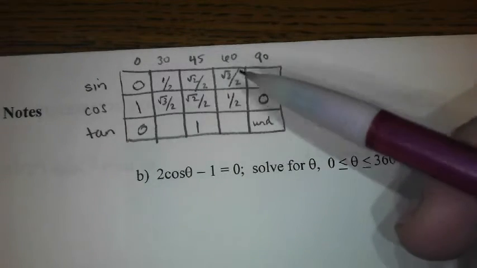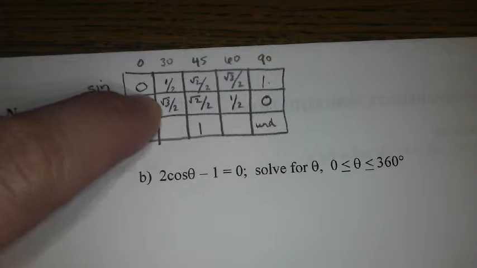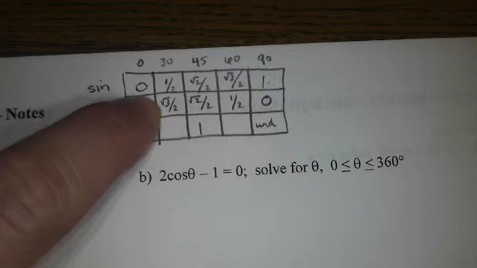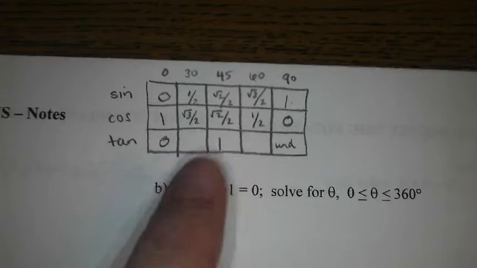And then the 30 and the 60 are the ones where, if you had to, you could do 1/2 divided by root 3 over 2: keep, change, flip, simplify, rationalize, of course. But does anyone remember what this one is versus this one? Radical 3 over 3. And these increase, so radical 3 over 3, and then this one is just plain radical 3.